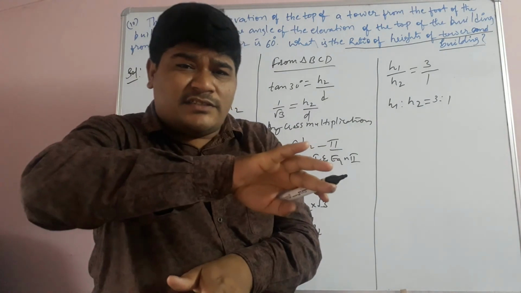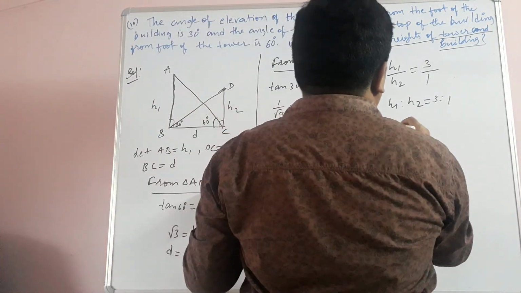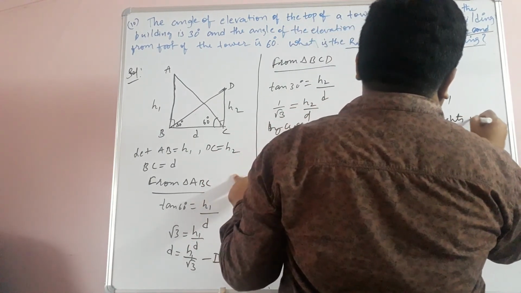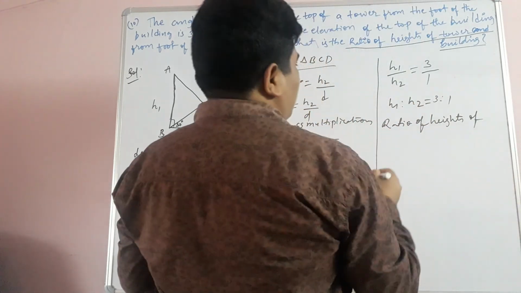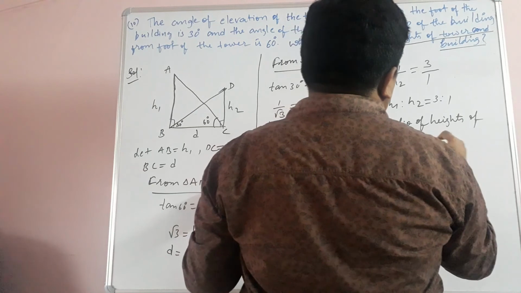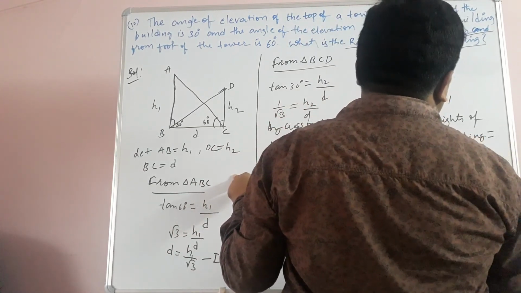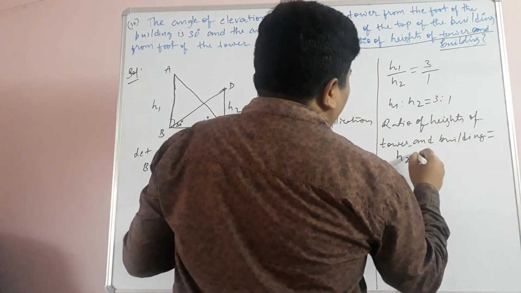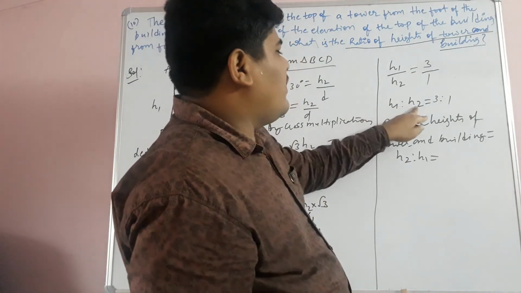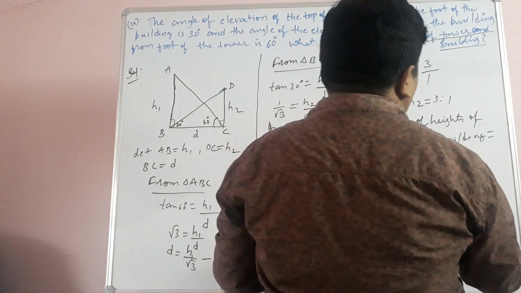Just take the inverse ratio, just take the reverse. So the ratio of heights of tower and building is H2 is to H1. This is building to tower, this is tower to building. H2 is to H1 is equal to 1 is to 3.